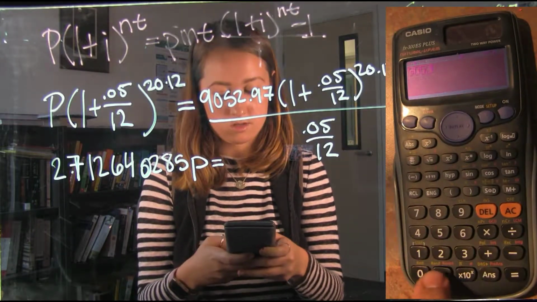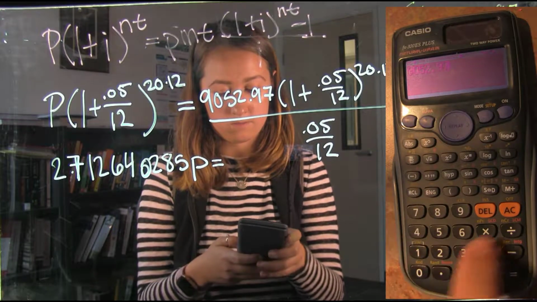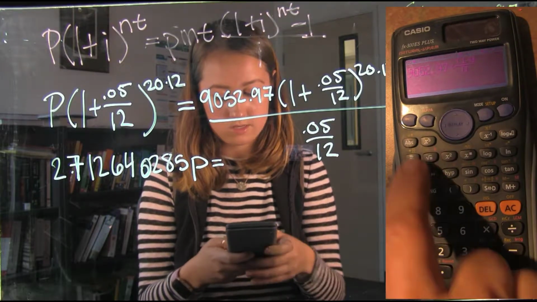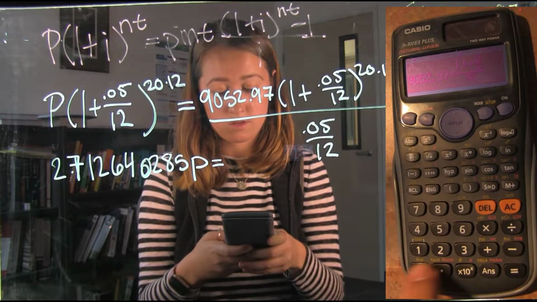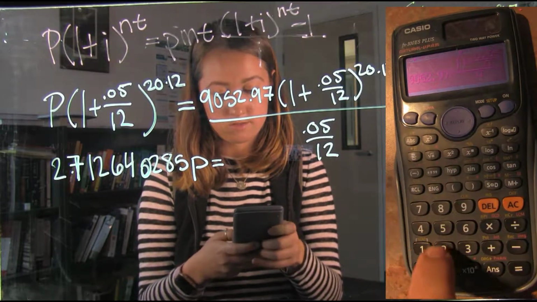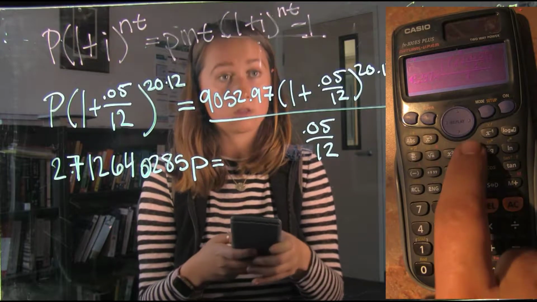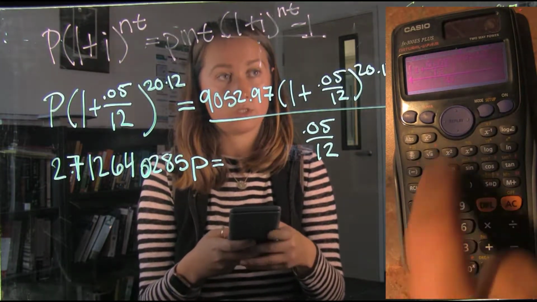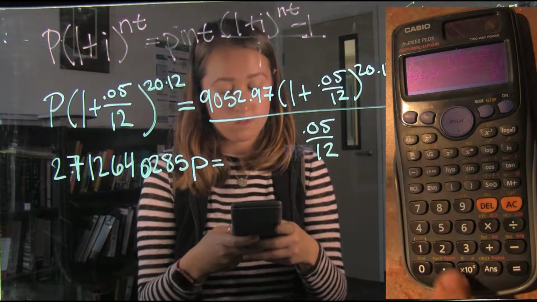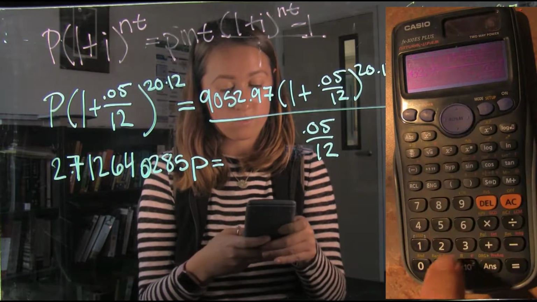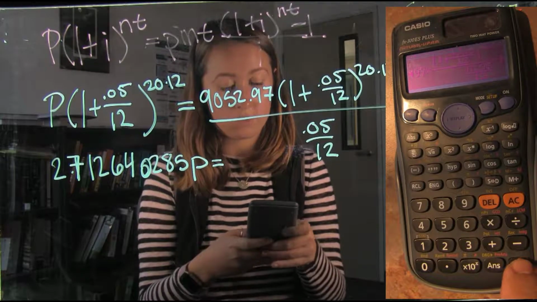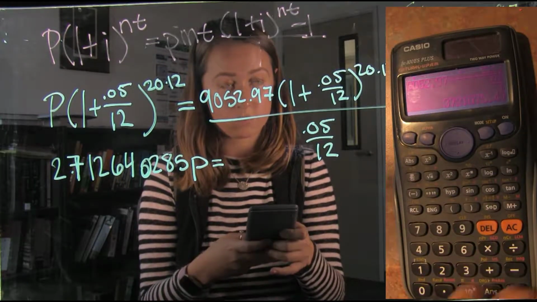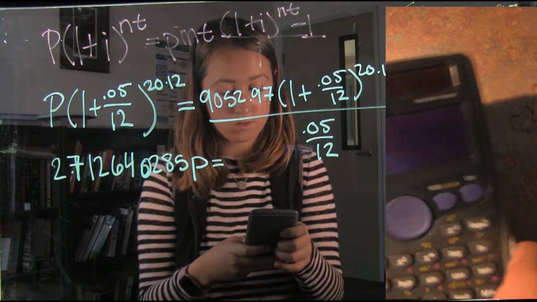9,052.97 times the quantity 1 plus 0.05 over 12, that's our I, to the 20 times 12, minus 1, over 0.05 over 12 again.